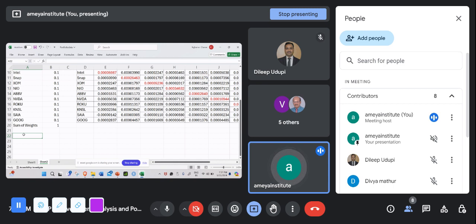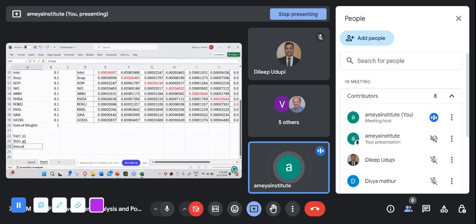So let's come down here, write variance of R underscore P, variance of portfolio. Done. Next, once we calculate variance, we can also calculate standard deviation of R underscore P. That's called standard deviation of portfolio, daily standard deviation.